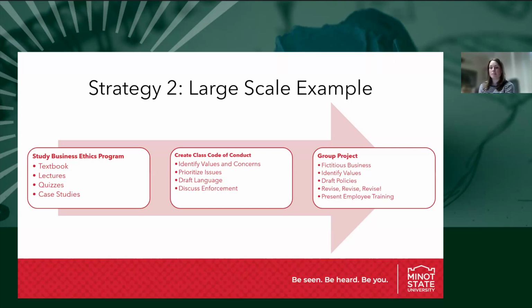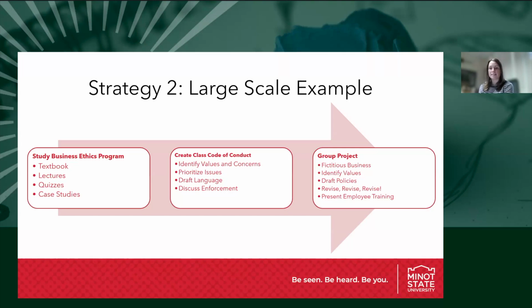I have them submit their code of conduct multiple times over the course of the semester, and I provide feedback, and that goes along with what we're studying from the textbook and case studies that we're learning about in class. And so they're constantly revising their code throughout the course of the semester. And then at the very end, they are responsible for presenting an employee training on their code of conduct.